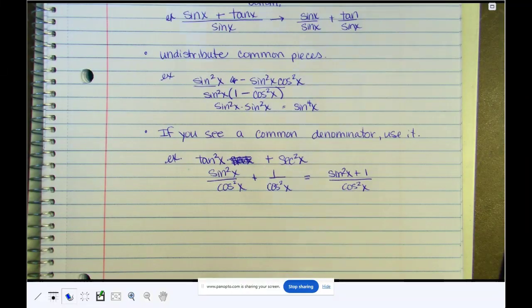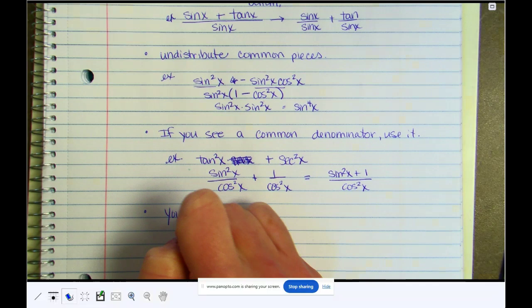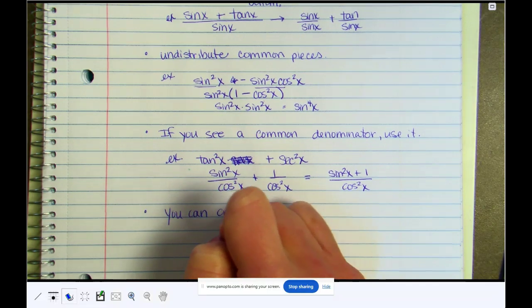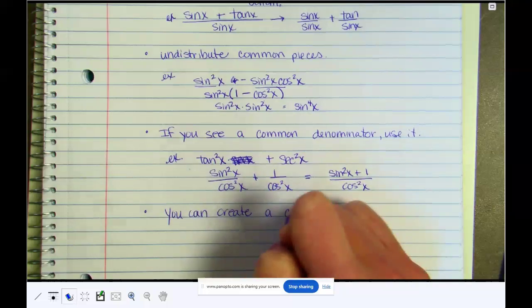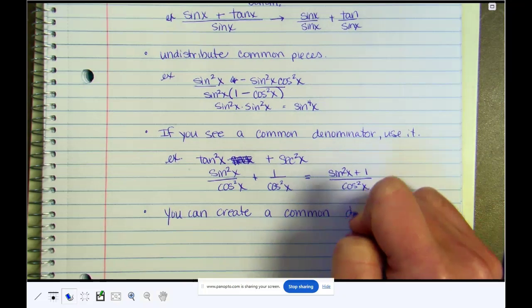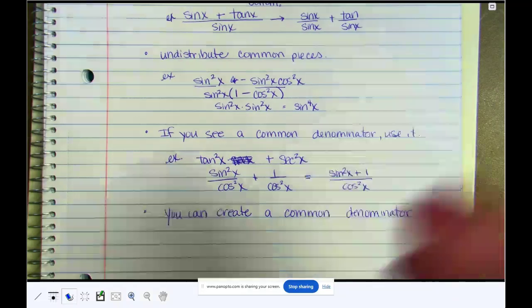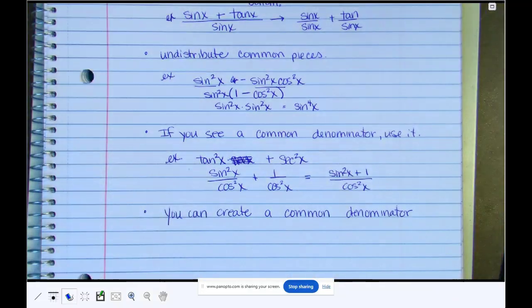So the other thing is that you can create a common denominator. So I have an actual example for this one.